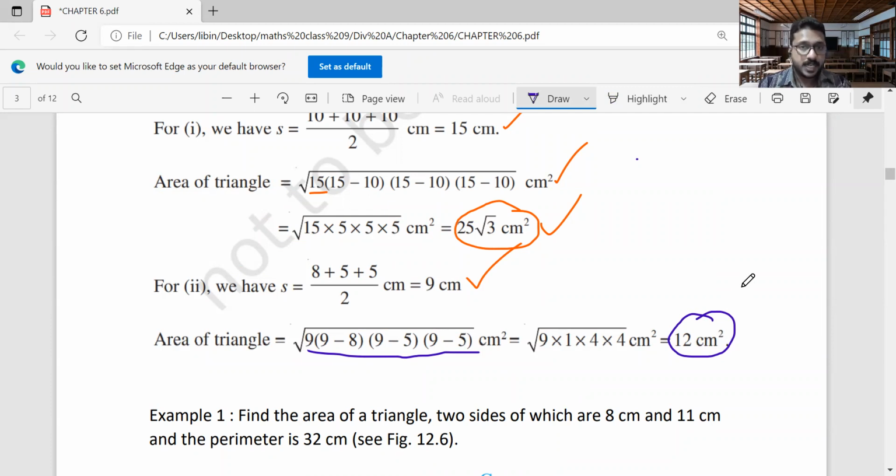To find the height, we can split the isosceles triangle by drawing an altitude, so that we can find the height. Clear? And you can cross check whether the answers we found using Heron's formula and using our earlier equation are the same or not.